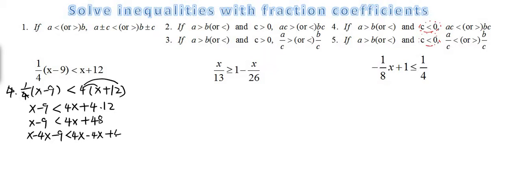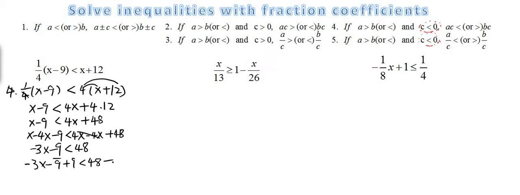We cancel out 4x, and that should be negative 3x minus 9 less than 48. Now we have a constant, negative 9, and we want to remove it, so we add 9 to both sides.